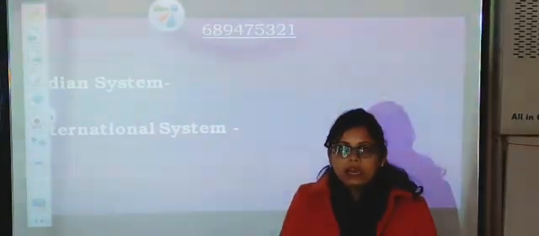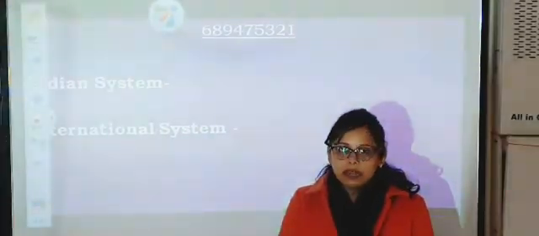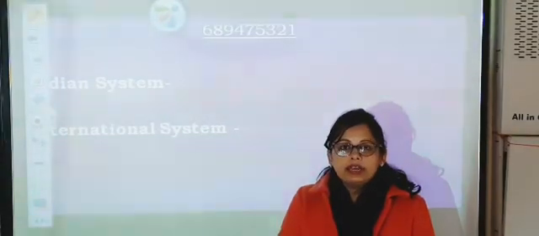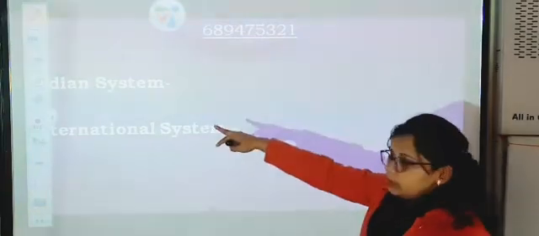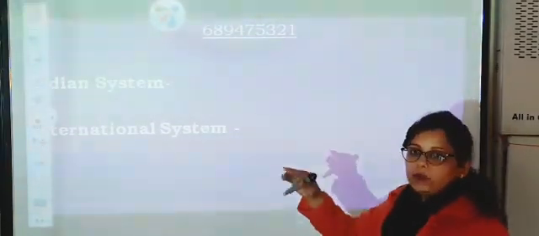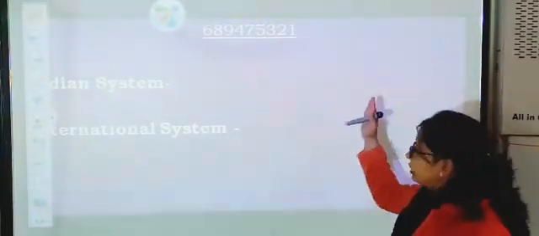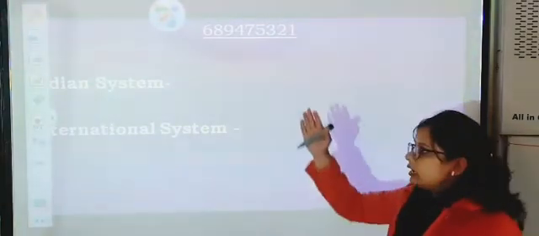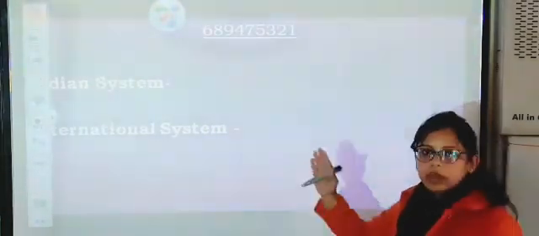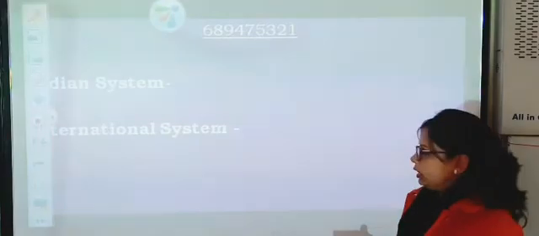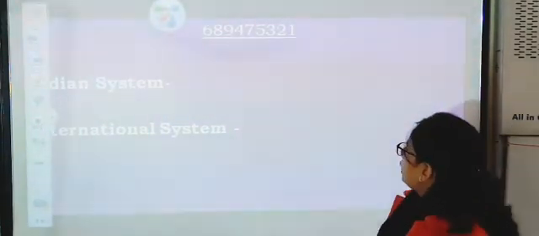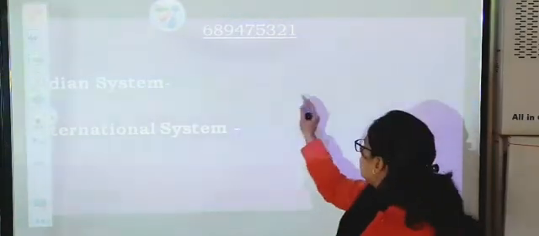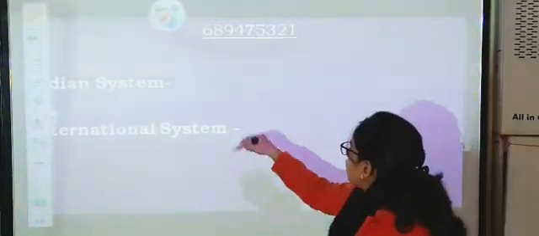Means जब भी आप comma लगाएंगे तो वो numbers को separate करेगा. From that you can read the number very easily. So children, according to the Indian number system, we have to group the number from the right side. Always remember, whether it is Indian or international, you have to group the number from the right side only. So ones, tens, 100, after 3 digits you have to put the comma, then 2, 2, so after 2 digits you put a comma, then again 2.